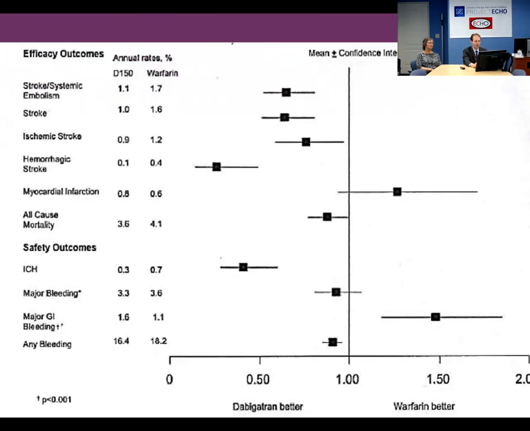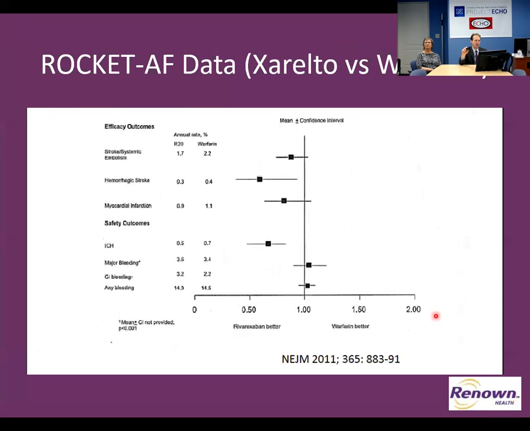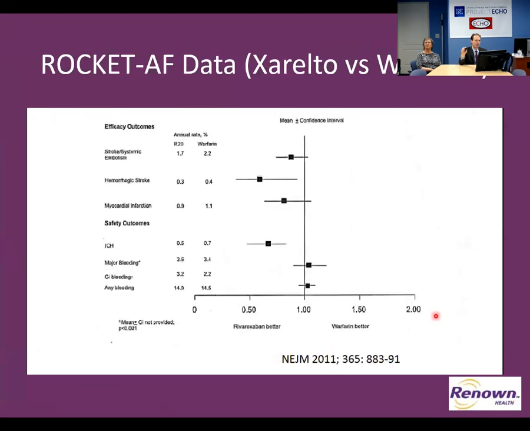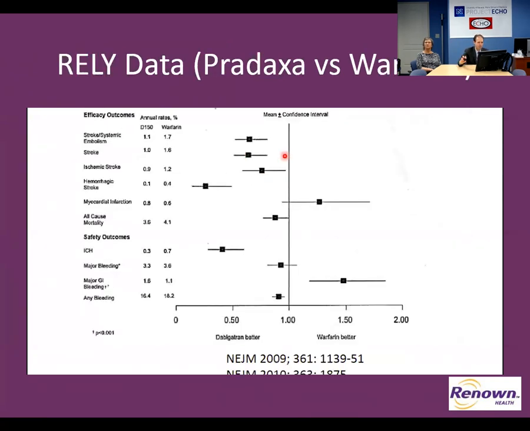Again, these are reversible. The reversal agents are a bit expensive and things like that. But Pradaxa is very good therapy, and it did have a slightly improved risk when you compare stroke. There was less stroke with Pradaxa. I'm sorry, there was significantly less.